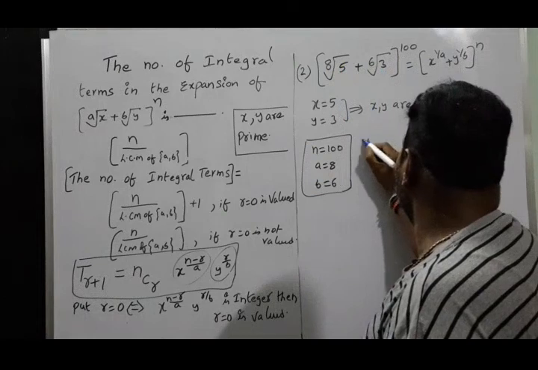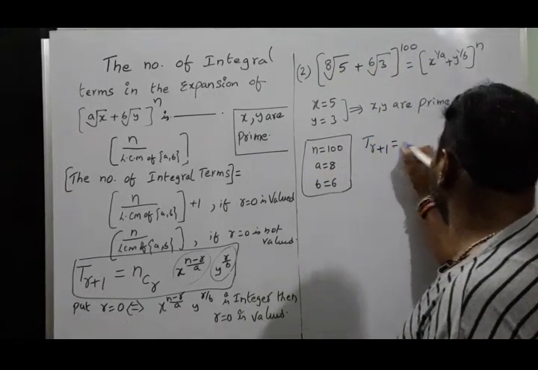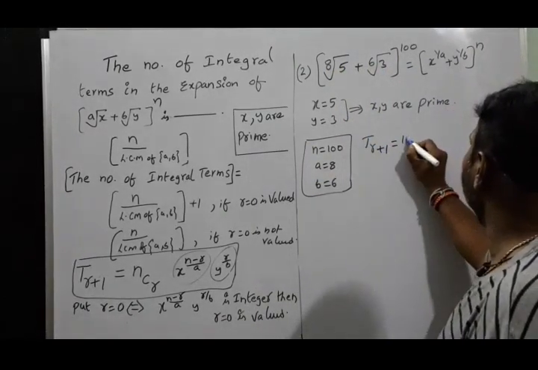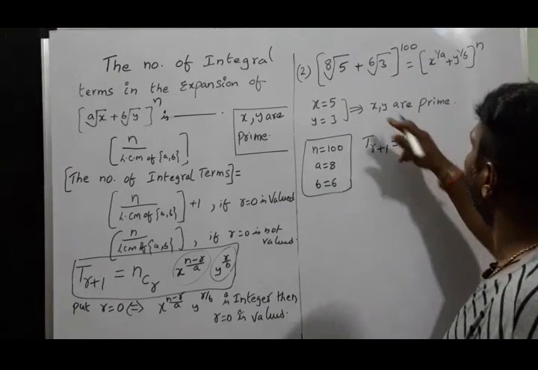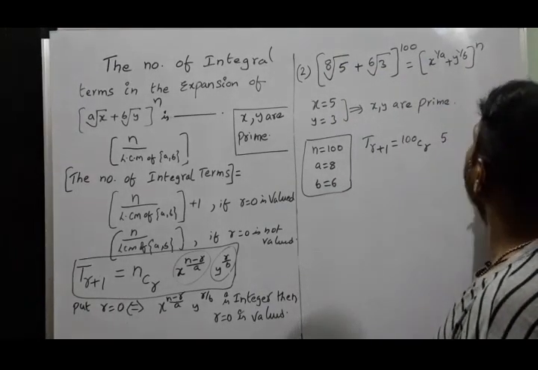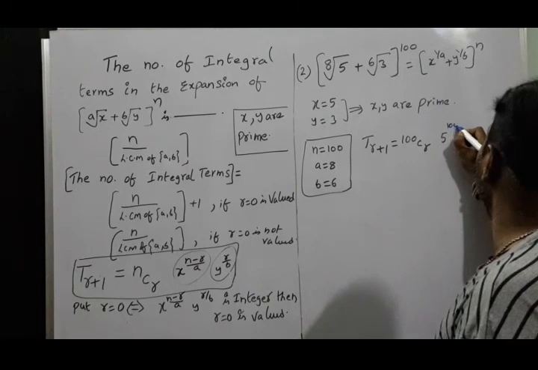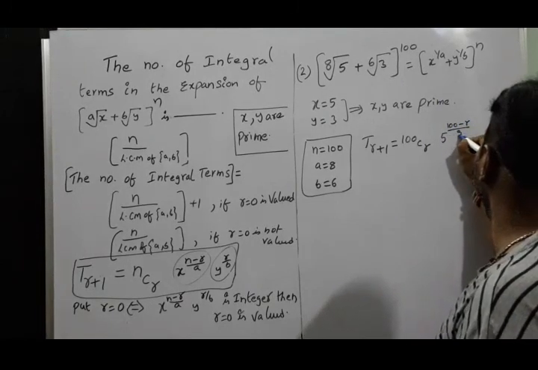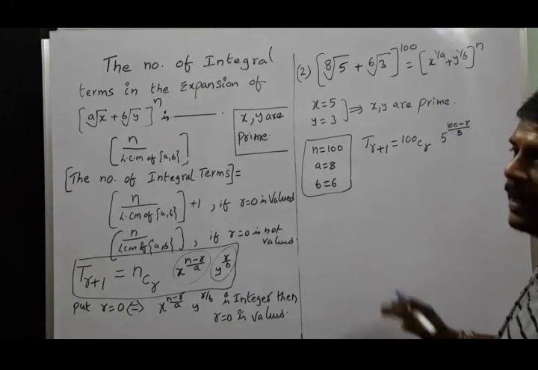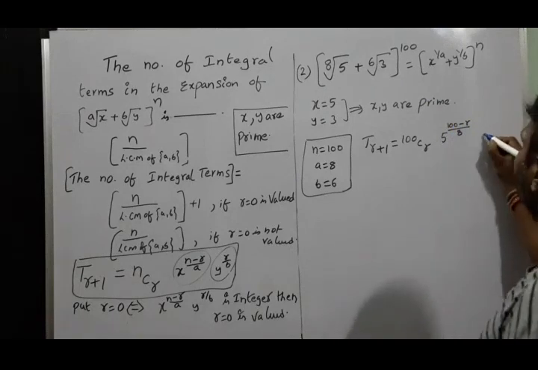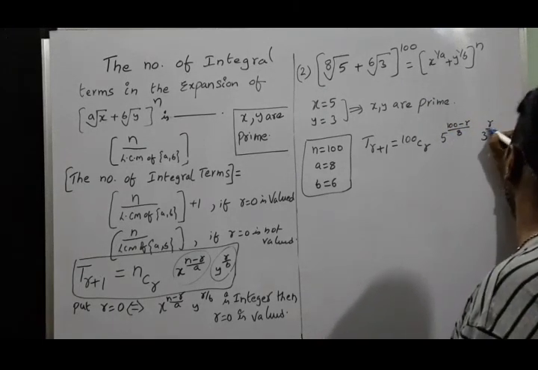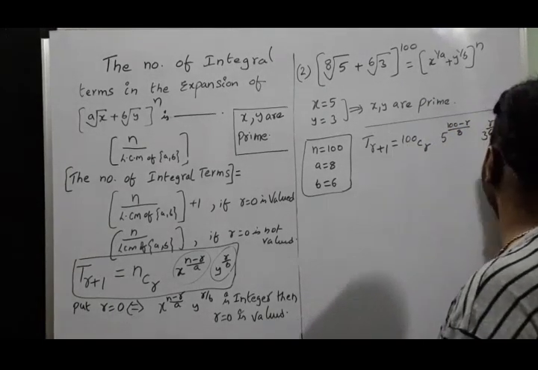Now write the general term T(r+1) is 100 C r, 5 power (100 minus r) by 8, 3 power r by 6. This is the general term.